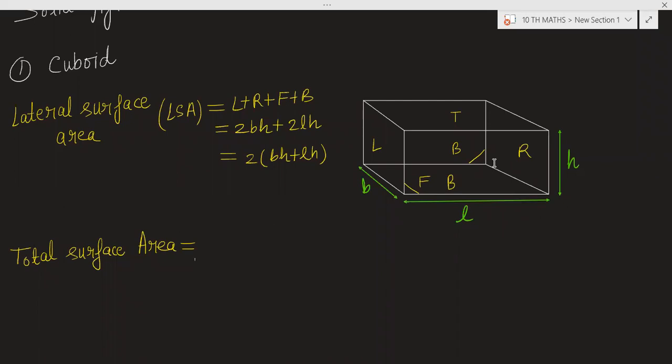There are 6 faces and two faces are identical, so you will write 2 times (LB plus BH plus LH), the total surface area.